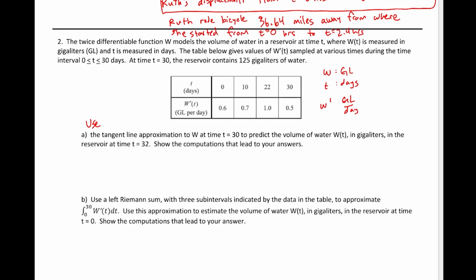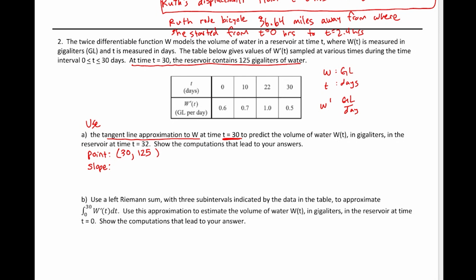And to come up with that tangent line approximation, we're going to need a point, and we're going to need a slope. So at time 30, the point is going to be 30 comma, and then what is the value of W at time 30? That's not given in the table, but it is given as the last sentence of the prompt. So it would be 30 comma 125.